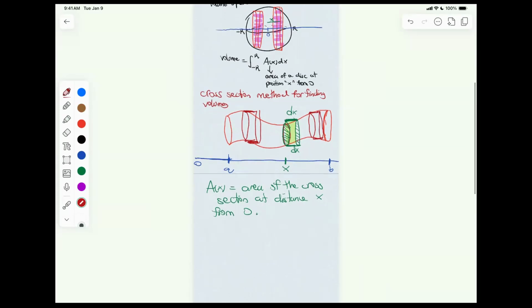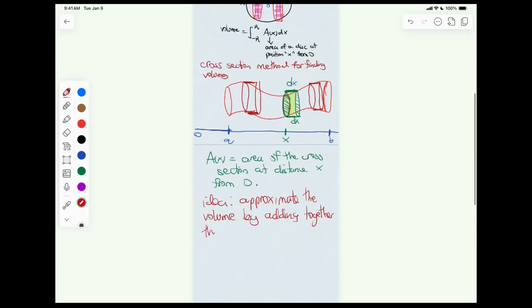And so the idea is to approximate the volume by adding together the volumes of these thickened cross sections.